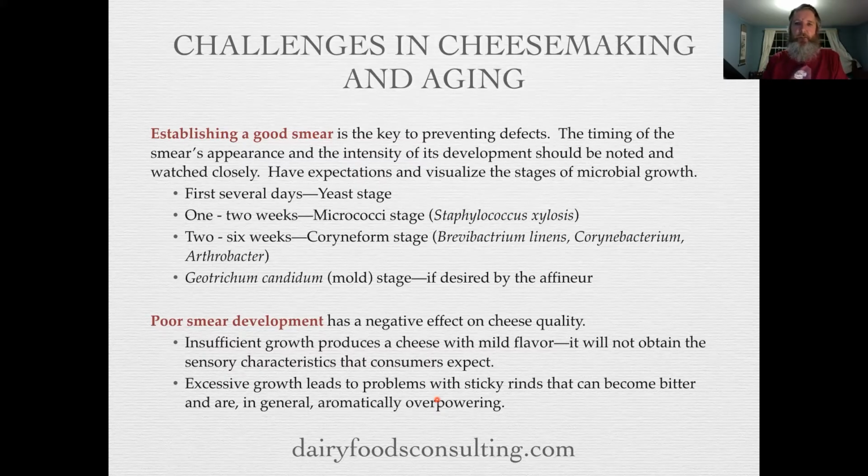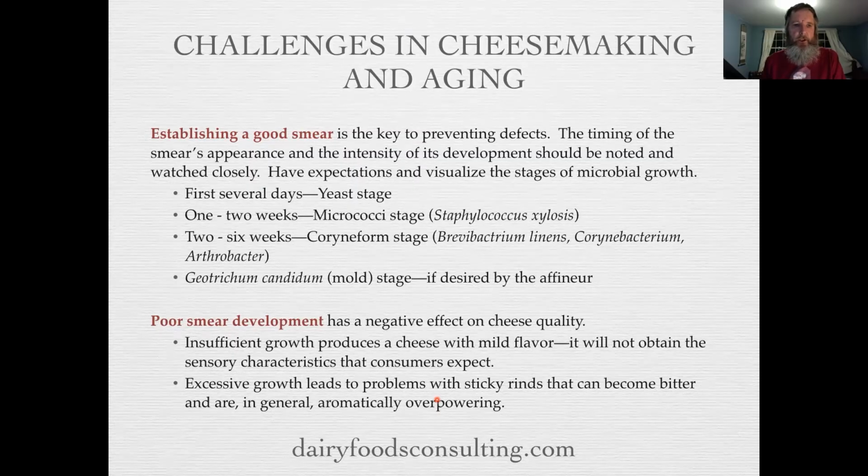But there are also a couple of others that are in raw milk that have been harvested out and are available as cultures, and those are the Corynebacterium and Arthrobacter. So whether you make raw milk cheese or pasteurized milk cheese, you can still have all three of these species growing on your cheese rind, and they produce different color tones.